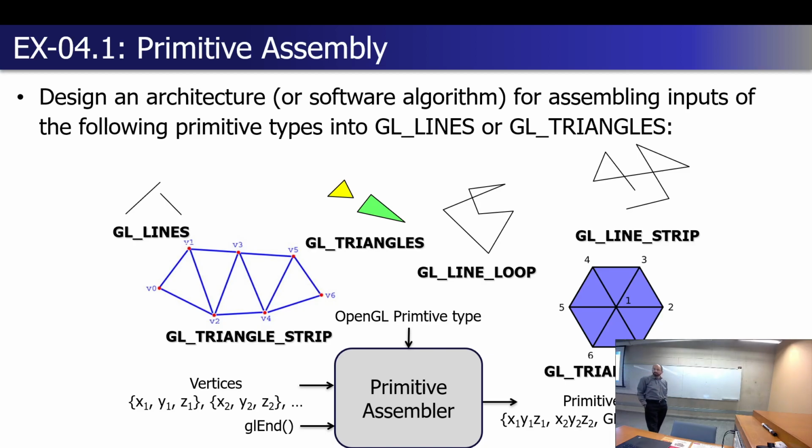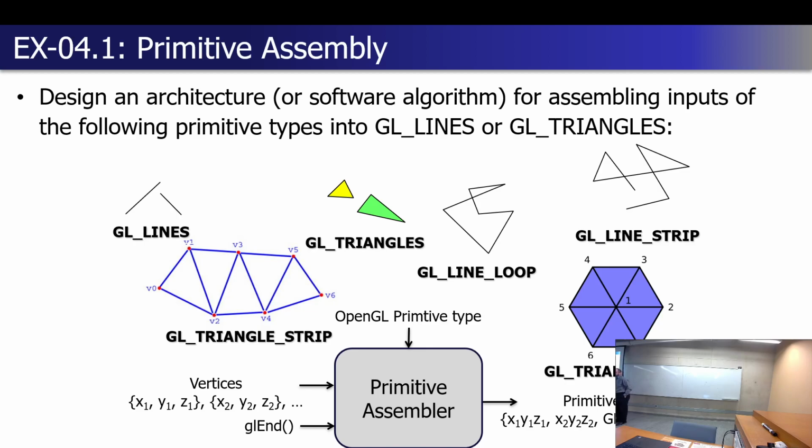Input to this module, just make sure we're all on the same page, is a sequential stream of vertices. And just call it vertex. We know what that data type entails, both conceptually as well as what it means in our hardware. That's our one input, a stream of those. Our other input is there has to be some sort of state that we're still specifying via our GL draw calls, GL begin in the fixed function OpenGL.